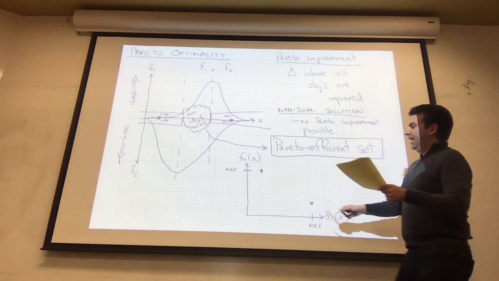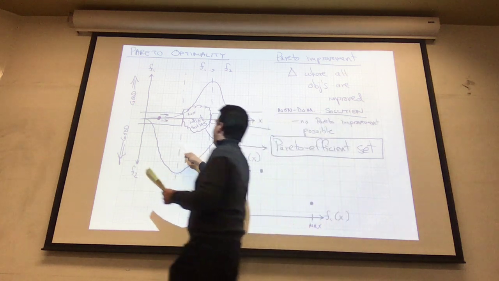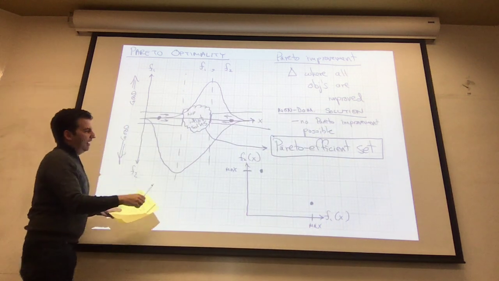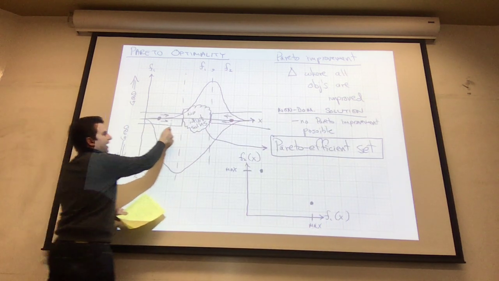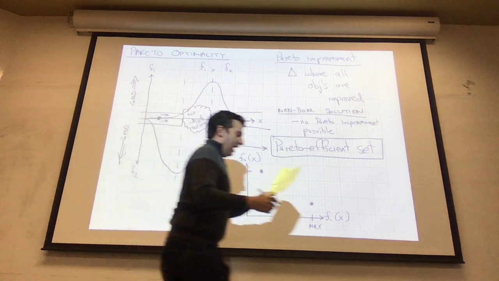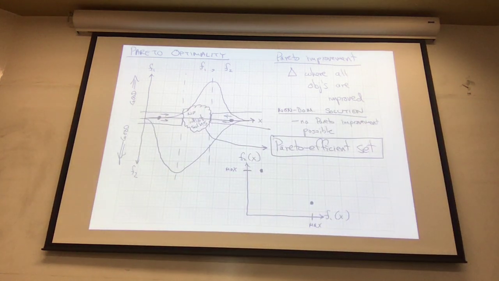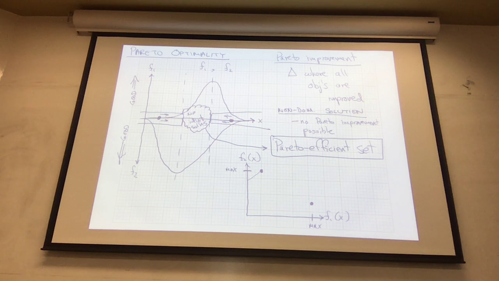And I could go through and sweep through all the x values here, and I would end up carving out a space that might look like this. And these are all of the feasible solutions.